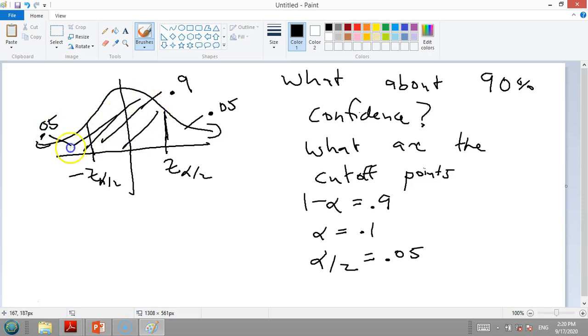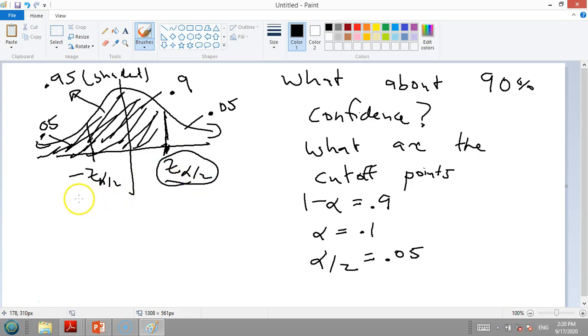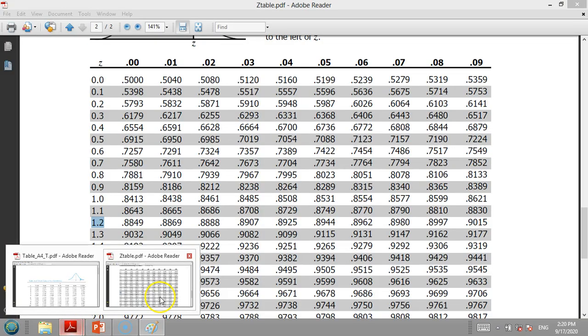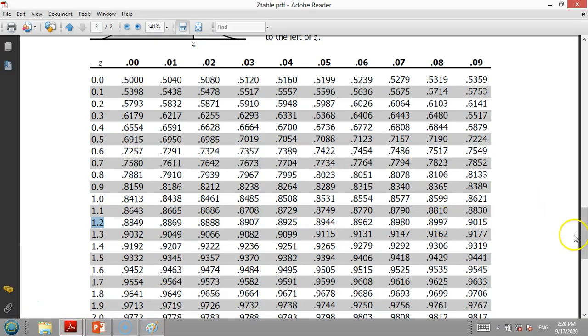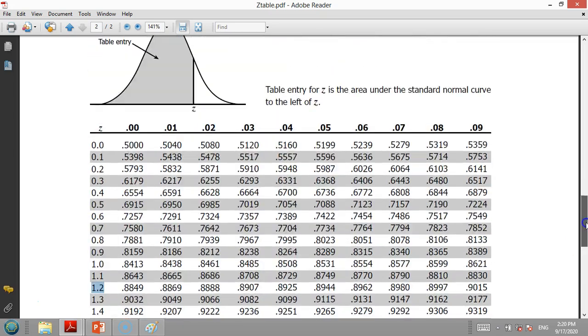And the area to the left of this one is 0.95, the shaded area. And so this is what I'm looking for. Tell me the number here so that the area is 0.95, and this will tell me the cutoff point. So this is what I want to know. This and this. By symmetry, this is the negative of this. Okay? So, again, like this. And let's see now, 0.95.